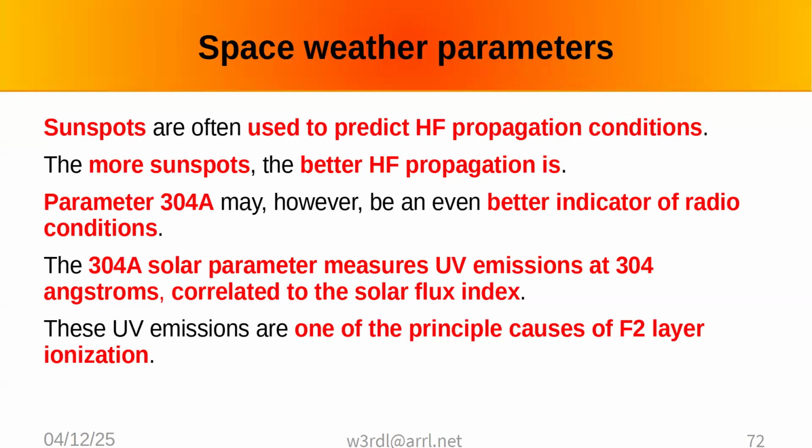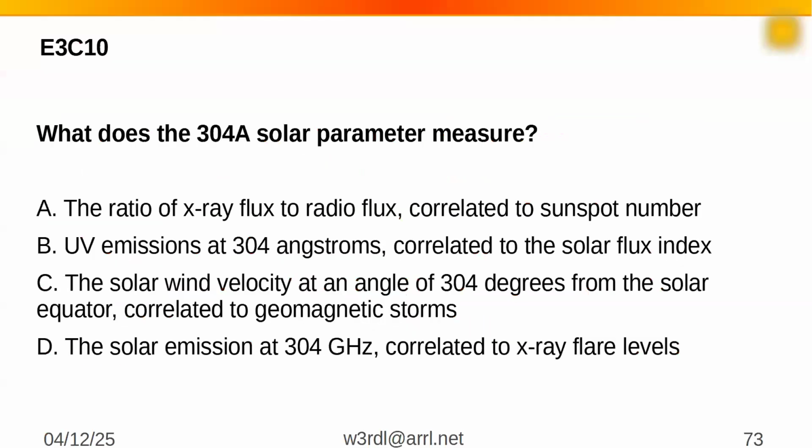So they're measuring ultraviolet emissions, and that pretty much is proportional to the amount of F2 ionization. So what does the 304 angstrom solar parameter measure?